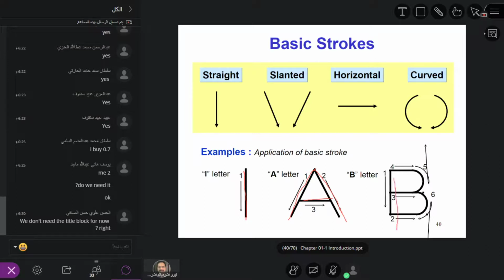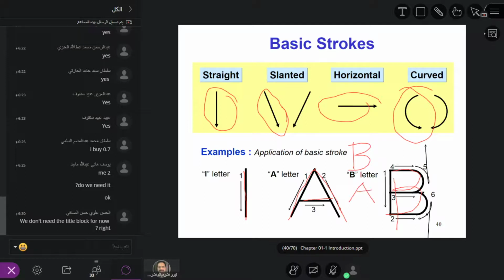Then B, first you draw like this and make this first and take this as second. So how many lines did I use? One straight line, a slanted line, a horizontal line, and a curved line. Okay, all these strokes. Strokes, you know what a stroke is. When you write a letter, you write like this. So this is one stroke.